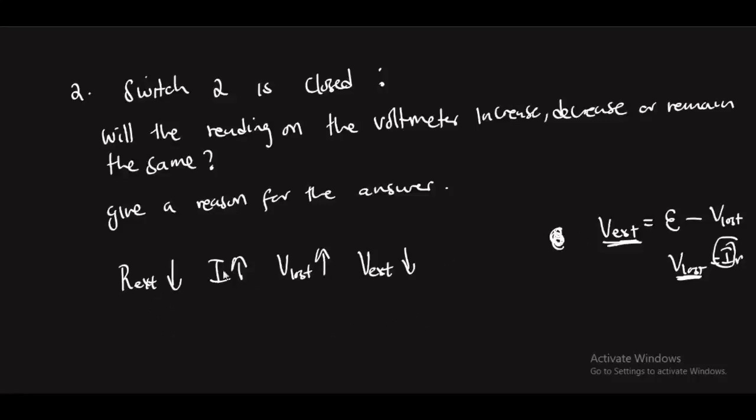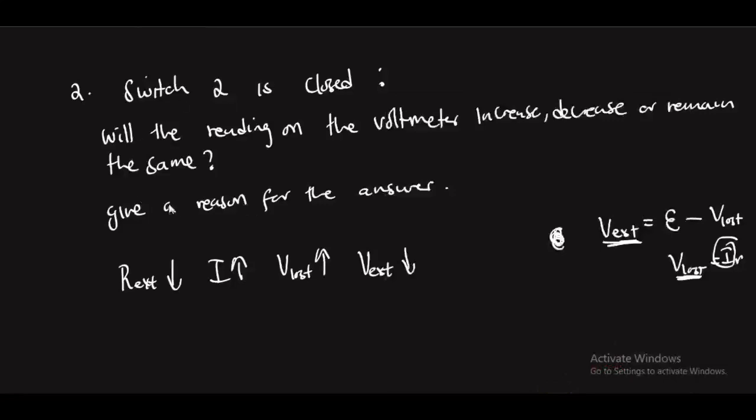So this is the reason: when the external, or total, resistance decreases, or what we call the load decreases, the current increases, there will be more volts lost, and the reading on the voltmeter will decrease.